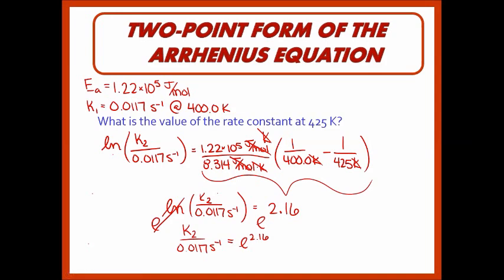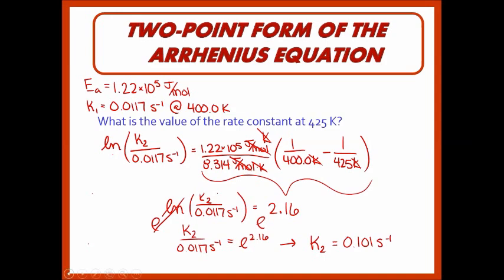So to isolate further and just solve for K2, we can multiply by K1 on both sides, and we get a final value of 0.101 inverse seconds for this second rate constant, which is at 425 Kelvin. And so it makes sense that this rate constant, which was at a higher temperature, is going to be a larger value than our rate constant 1, which is at a lower temperature, 400 Kelvin.